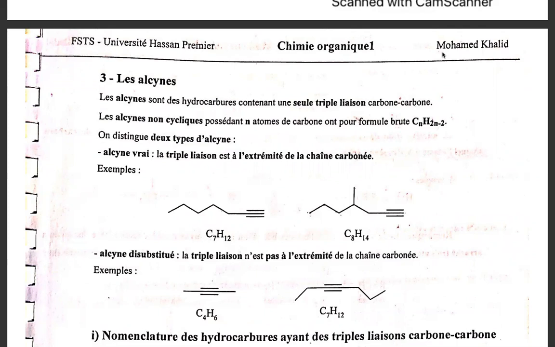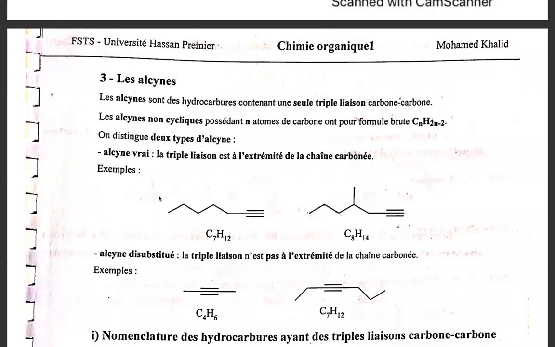So, nomenclature of alkynes. They have a triple bond, and their general formula is CnH2n-2. Again, there are 2 types.